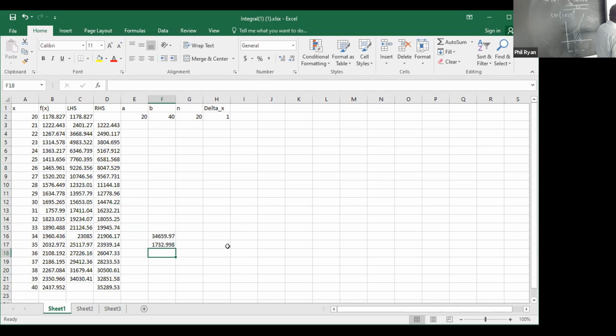And if we wanted a better answer, we would just change our delta x to something finer and do that, or wait a couple of weeks until we actually learn the formula that gives the answer. That's what we're going to be doing in the next, no, probably the week after.